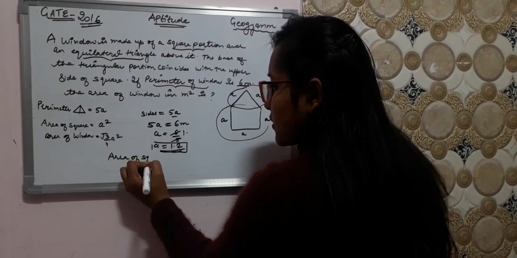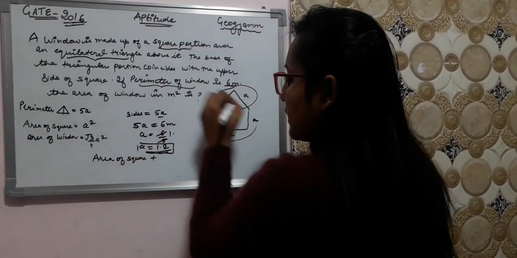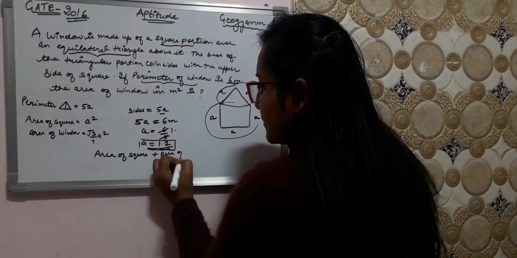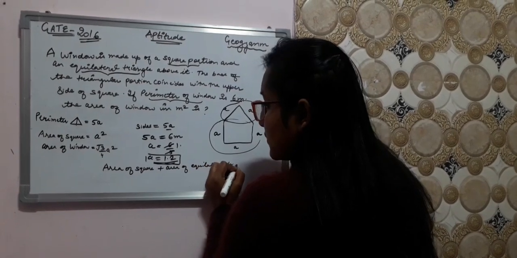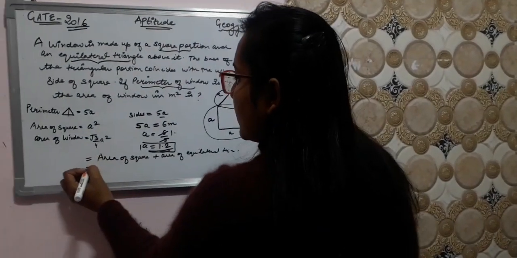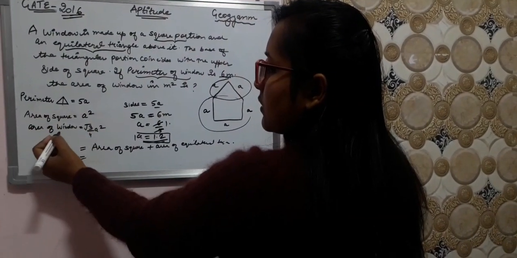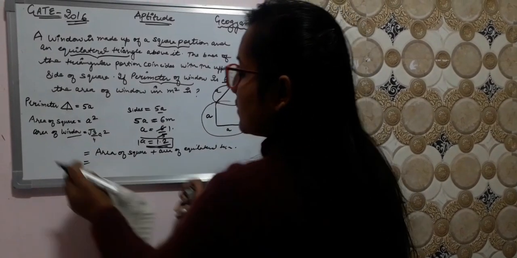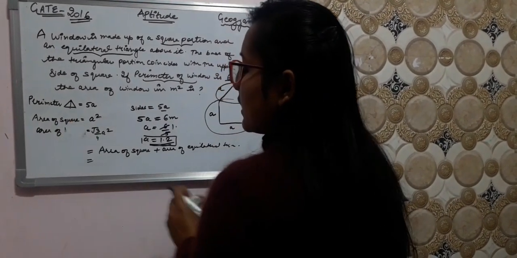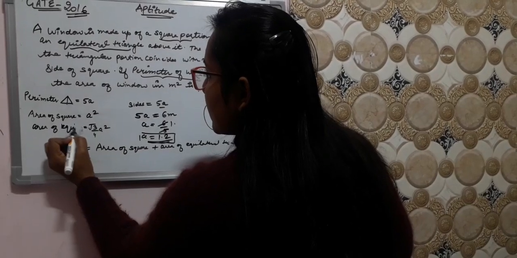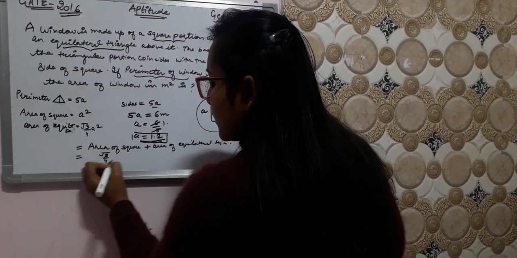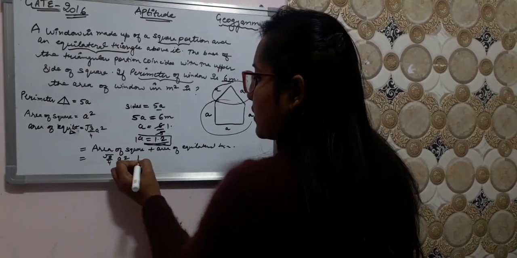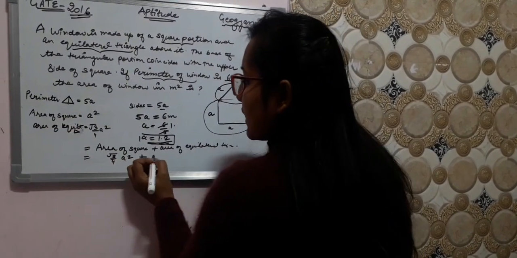For the area of the window, we will add the area of the square plus the area of the equilateral triangle. The area of an equilateral triangle is root 3 by 4 a square, plus the area of the square is a square.